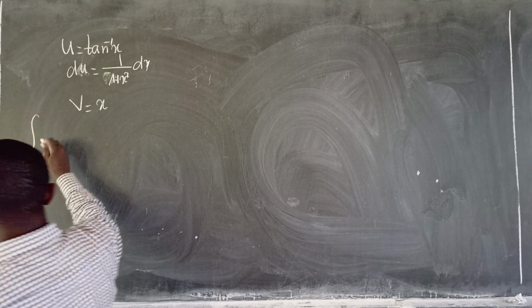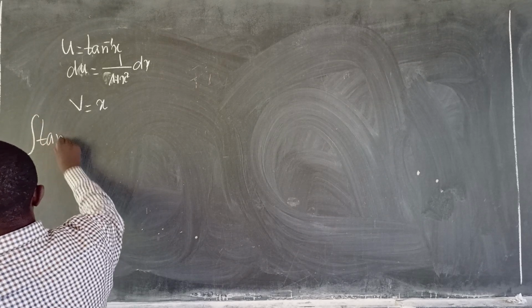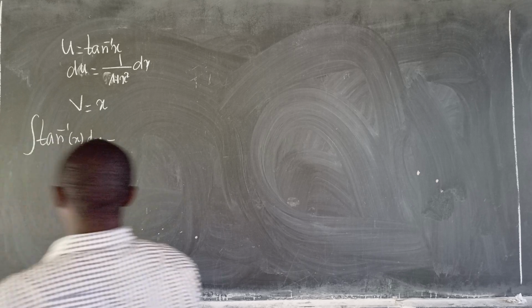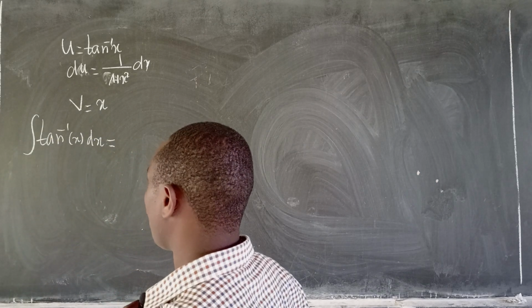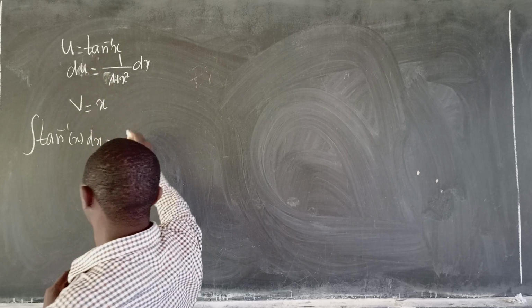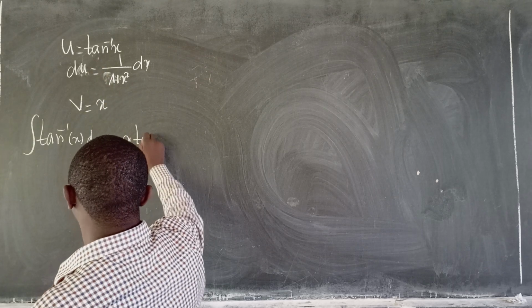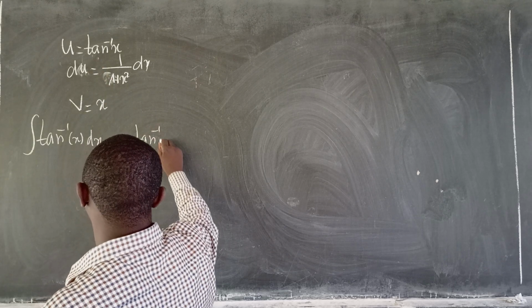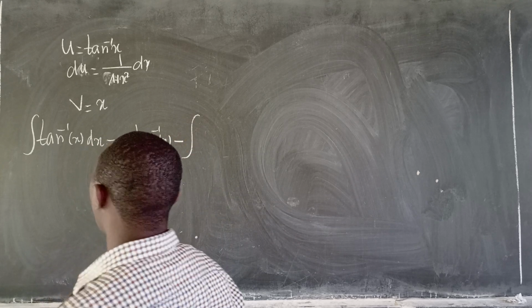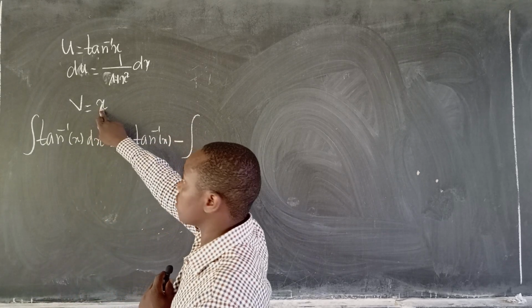The integral of tan inverse x dx is u times v, which is x times the inverse tangent of x, minus the integral of v du.